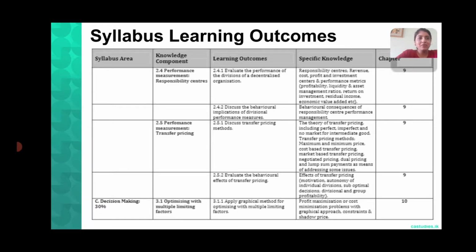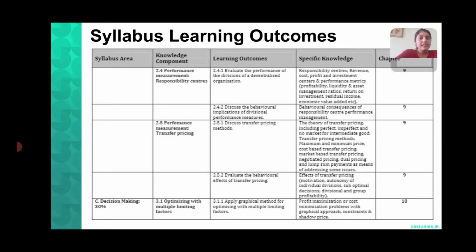And then you have your chapter 9 that covers it all. Under evaluation, you are supposed to evaluate the performance of the divisions of a decentralized organization, discuss the behavioral implications of divisional performance measures, discuss transfer pricing methods, and then evaluate the behavioral effects of transfer pricing.